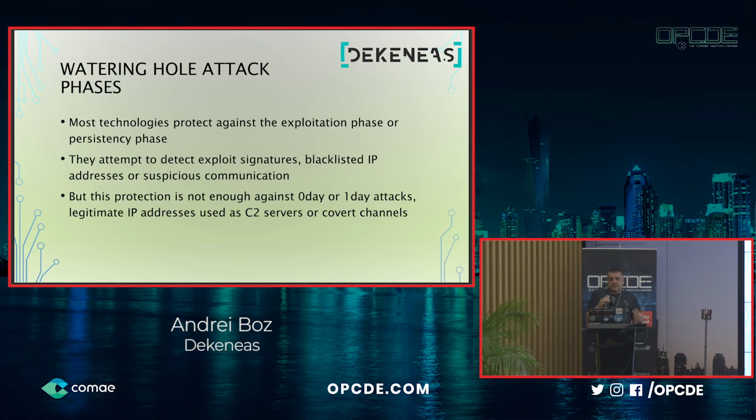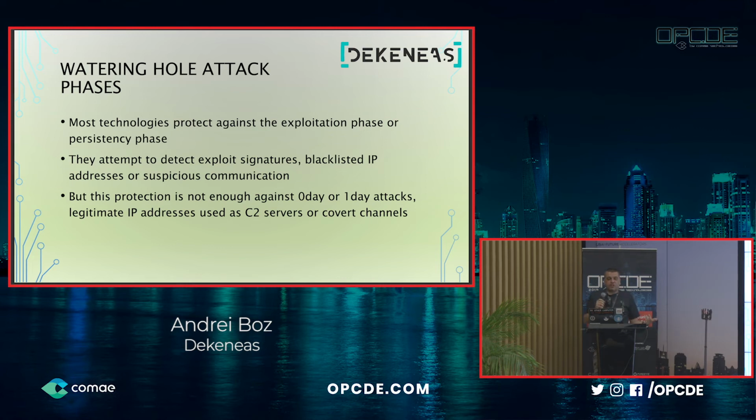Most technologies that protect against watering holes focus on the exploitation phase or the persistency phase, which you can see is rather difficult when the attack is performed using 0 days. They attempt to detect exploit signatures, blacklisted IP addresses, or suspicious communications.